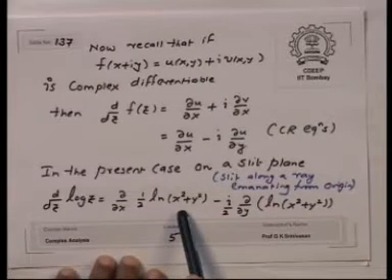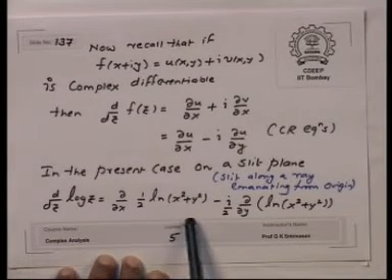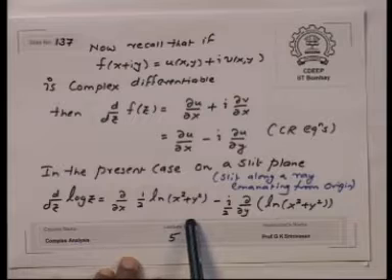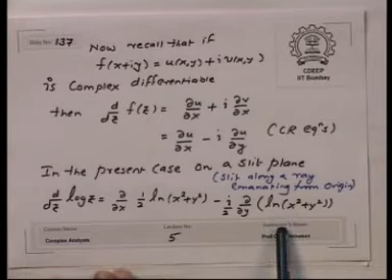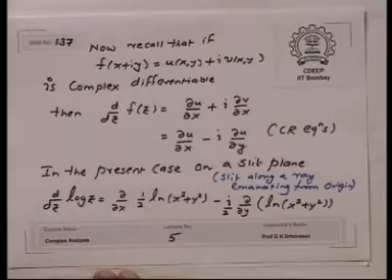You do the calculation, and what will it be? It will be x upon x squared plus y squared minus i times y upon x squared plus y squared. So I get x minus iy upon x squared plus y squared. But x squared plus y squared is x minus iy into x plus iy. The x minus iy cancels out. What is left over? 1 over x plus iy.